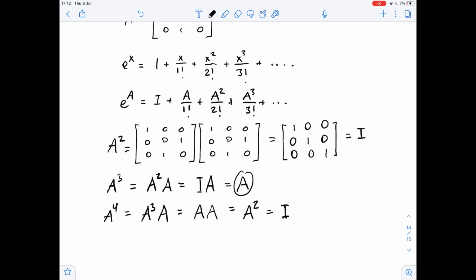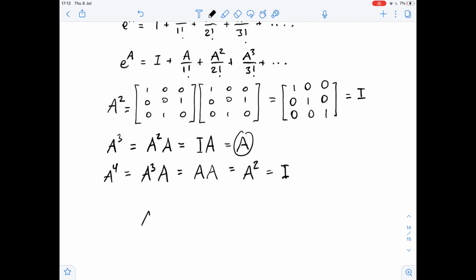So we get that the even powers of A are the identity matrix, while the odd powers of A equal A itself. So we can write down that A to the power of k equals the identity matrix if k is even, or it equals A for k odd.